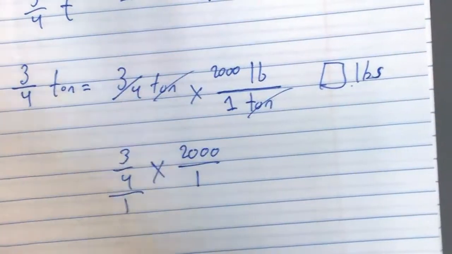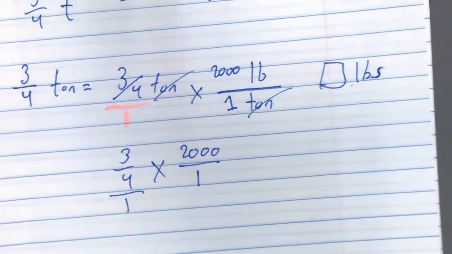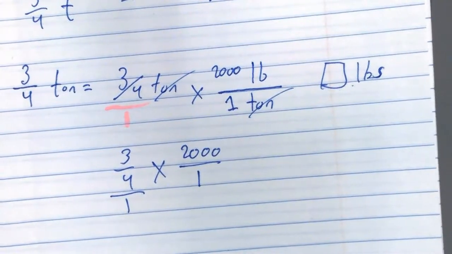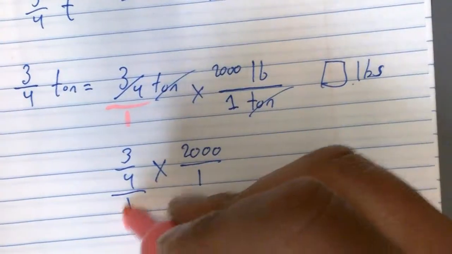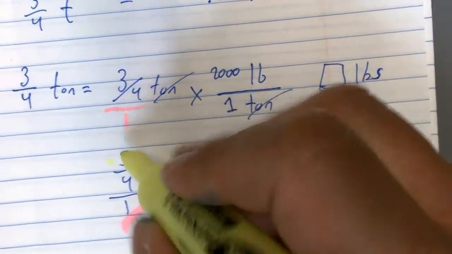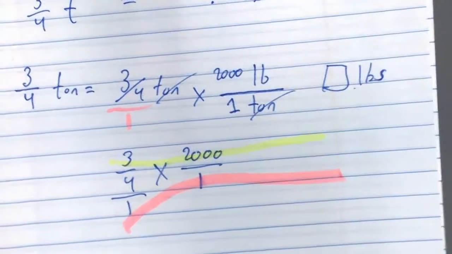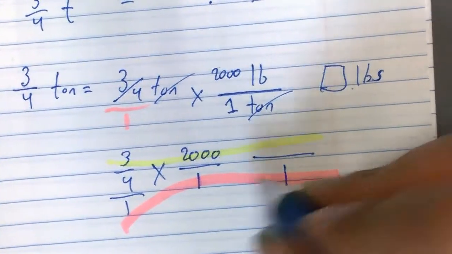So technically, if you want to be correct, you should put a 1 under that. But let's just forget it for now. It works out either way. When you have 1 times 1, the denominator still stays 1, because 1 times 1 is 1.